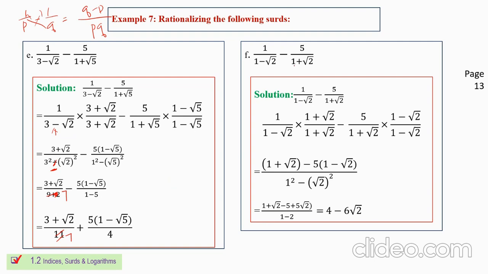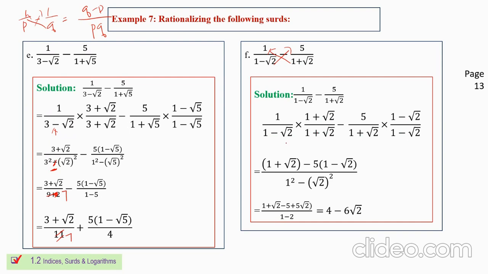Okay, and then for this last question here, if someone can notice, actually this is A plus B, A minus B. So if it is A plus B, A minus B, we can simply do the cross multiplication, then you will reach here. But if you couldn't notice that, doesn't matter. We're just doing a little bit longer than your friends who can notice this. So we just multiply with the A minus B conjugate and the 1 plus B conjugate.